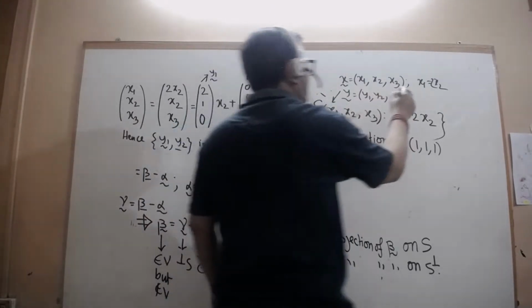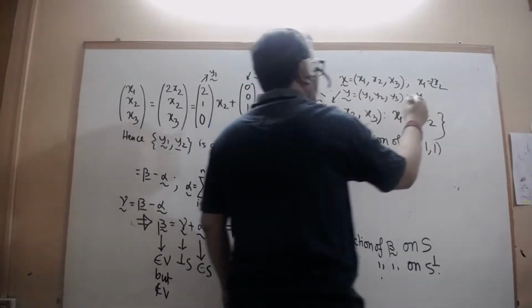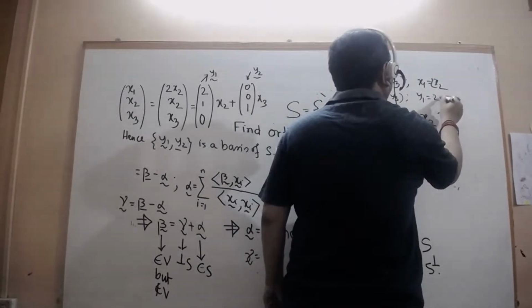These two are arbitrary because these two vectors belong to S, this should be satisfied.